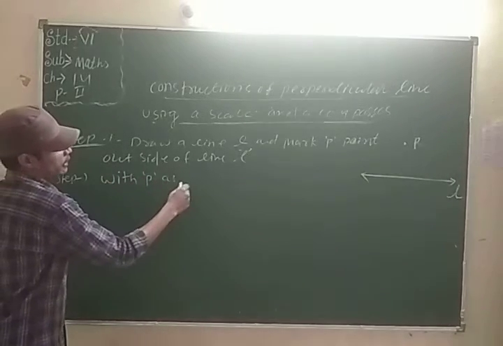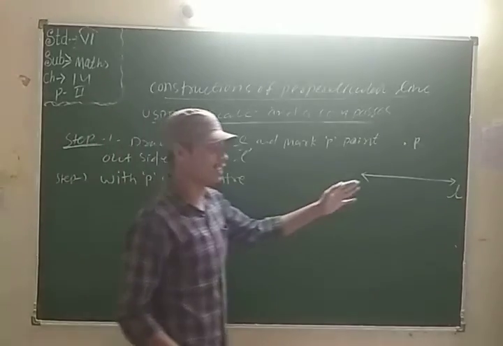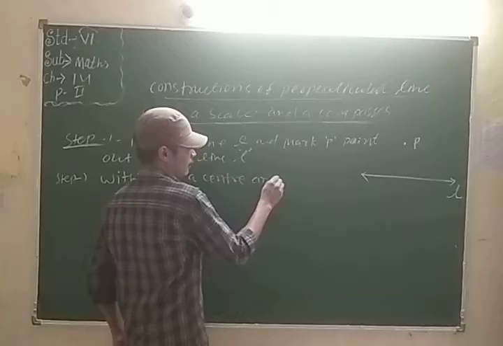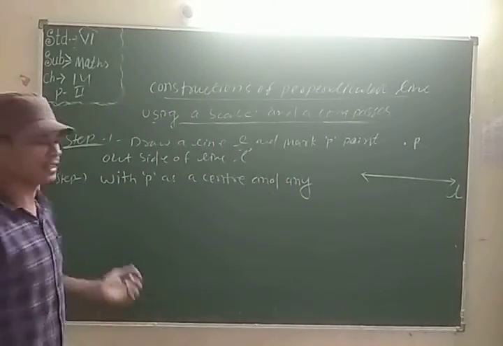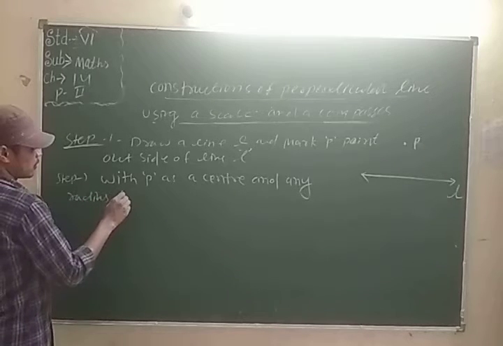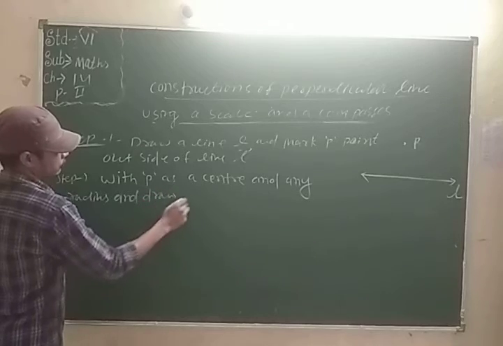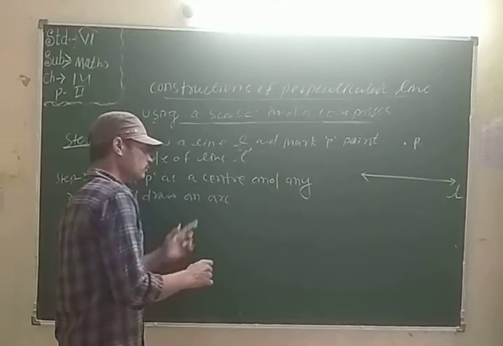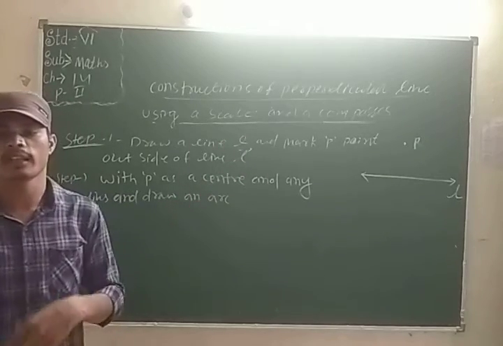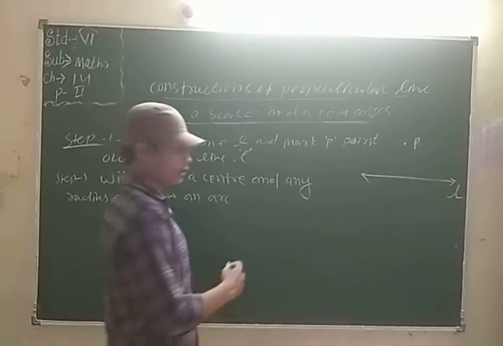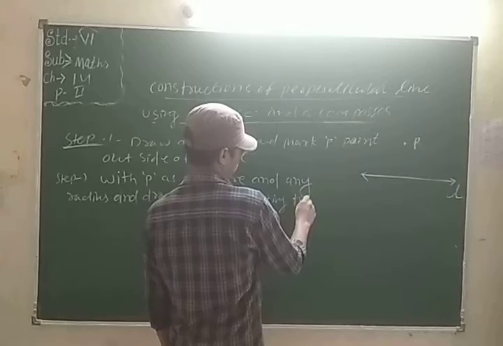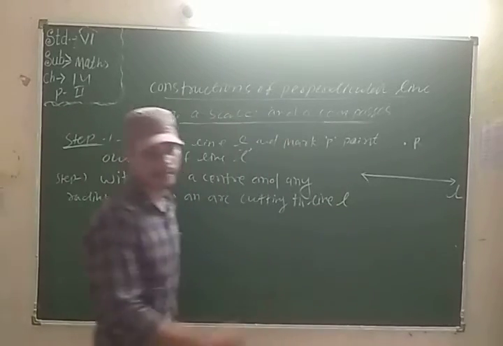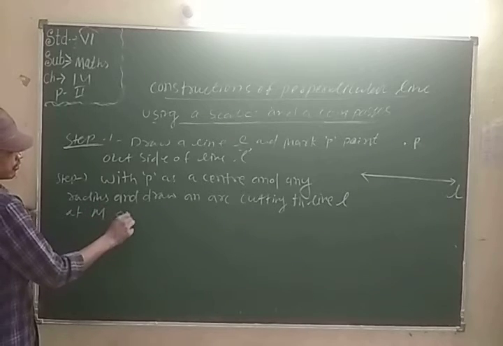In the first perpendicular we worked on the line itself, but here the point is outside of the line. Then with P as a center and any radius, we draw an arc cutting the line L at two points, which we name M and N.